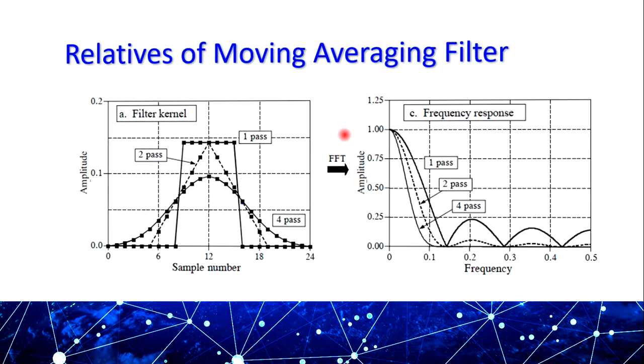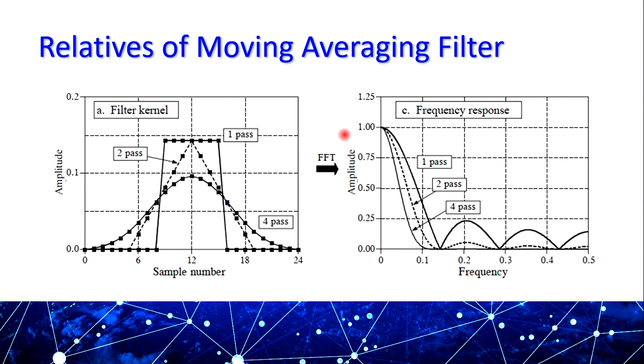If we pass the signal the first time through a moving averaging filter, and then apply the moving averaging filter again on that signal, the resulting filter is known as the Blackman window filter.